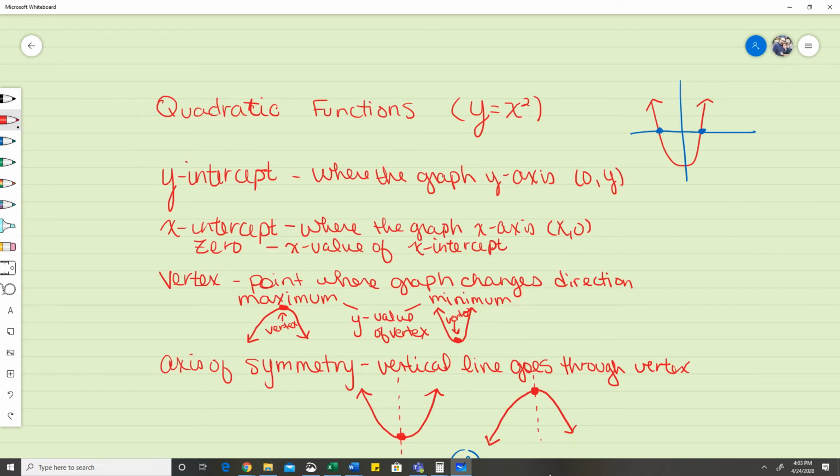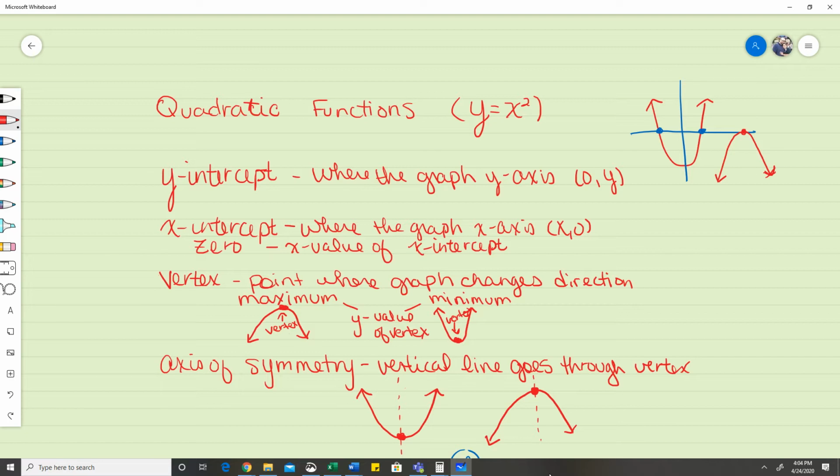Okay. So, a parabola that looks like this, where it only crosses at that one point, you're only going to have one x-intercept. And it's possible that your parabola never crosses the x-axis at all. It never touches it. In that case, you will have no x-intercepts.